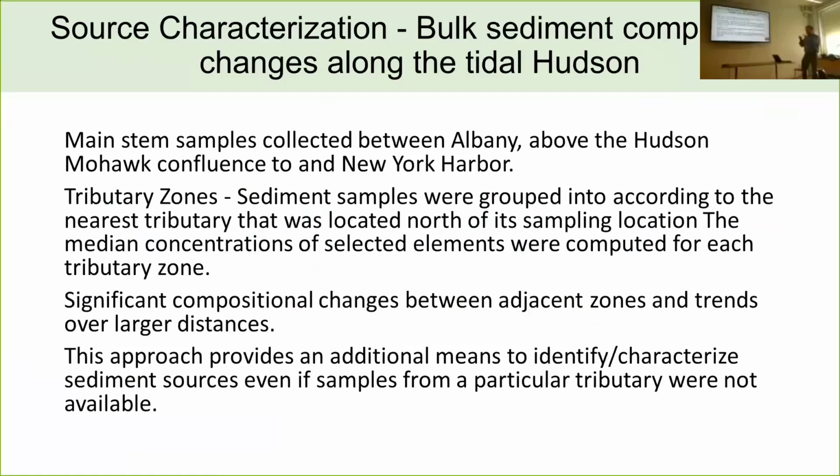Then for each zone, we can plot that downstream and look for changes. What we observe is significant changes between adjacent zones, so that might tell us something about material coming in from a particular tributary. We also see larger trends in the data as you head downstream.